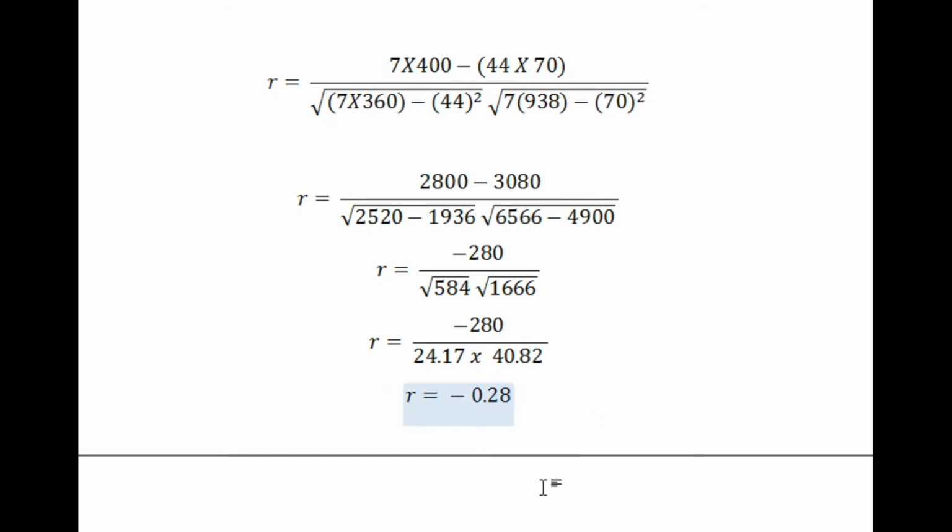So as I said, it is a poor degree now. Less than 0.3 is their answer.